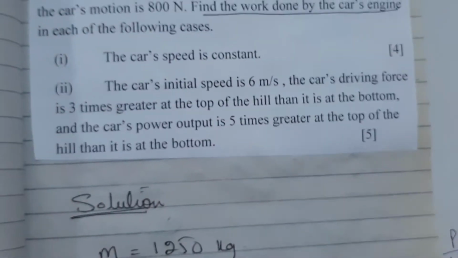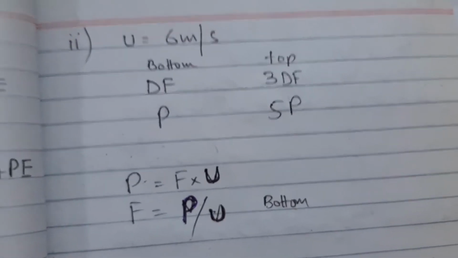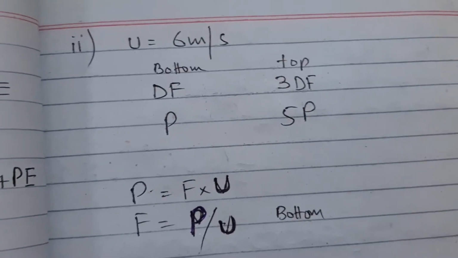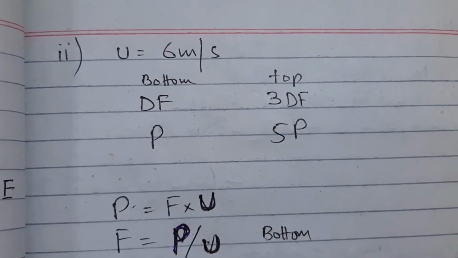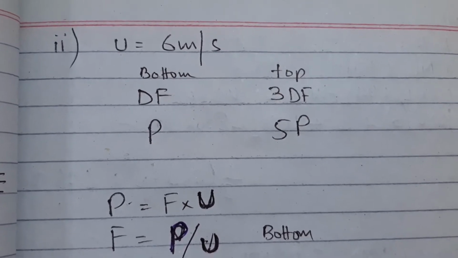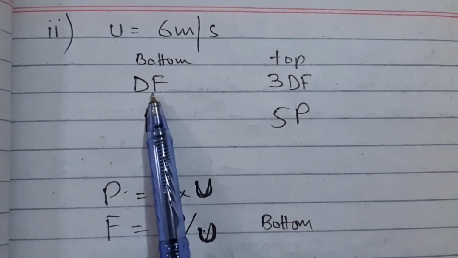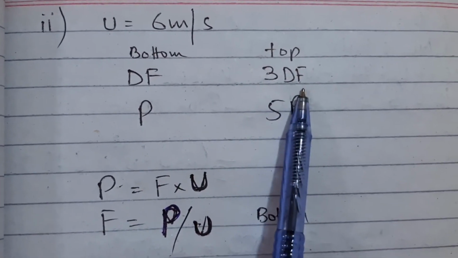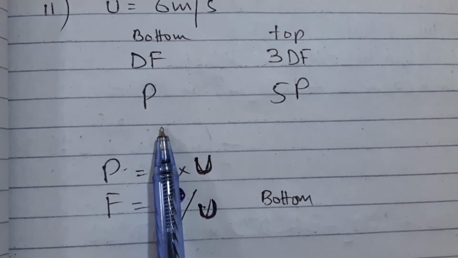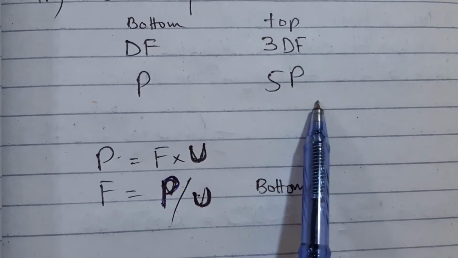Okay, so let's put down the information here. The question is saying initial speed is 4 meters per second, and the bottom driving force is whatever, but at the top it is 3 times of it. At the bottom the power is P, at the top it is 5P.